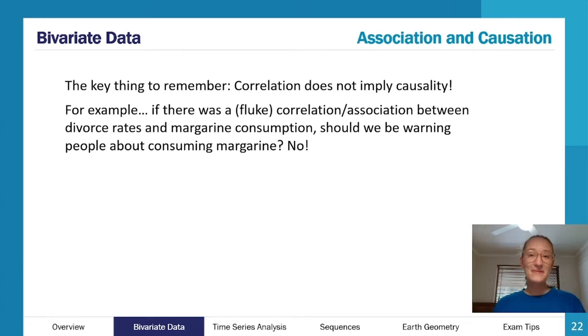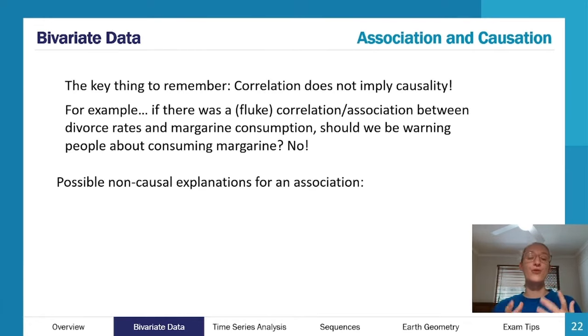No, that's a completely illogical conclusion. There are actually multiple non-causal explanations for an association. And the other thing to consider as well is if it was a really small sample size, it might actually just be a fluke, which is one of the explanations we're going to look at as well.